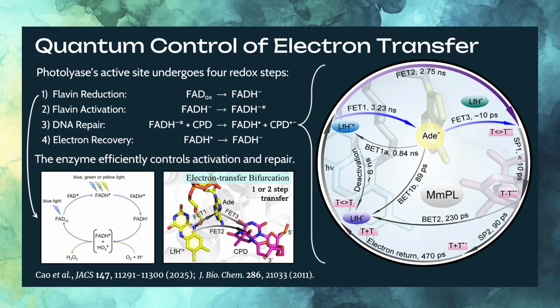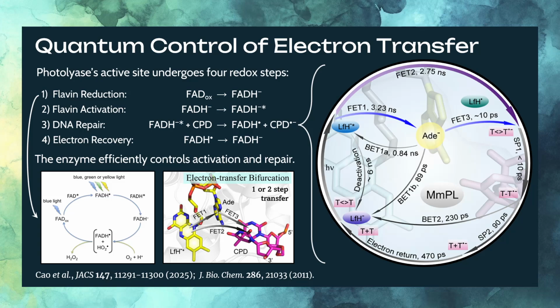So if the electron hops to adenine, it can hop back through BET1A, or it can hop back to the deactivated state, BET1B, and it's even possible that the electron can get all the way to the DNA lesion, but not fully complete the DNA repair before returning to the flavin cofactor through back electron transfer process 2.